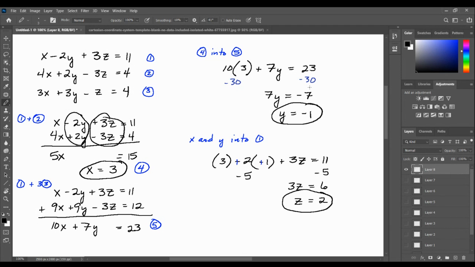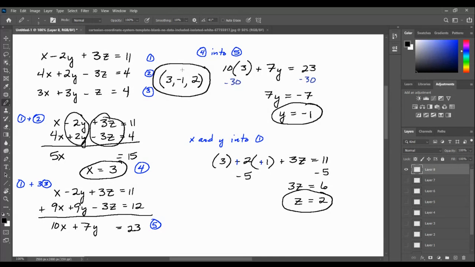So those are the 3 variables. That means the point of intersection of these 3 lines is x, y, z. That is the solution of this system of equations. We still have the potential for 2 lines to be the same line, but it's much harder now because we're in 3 dimensions.